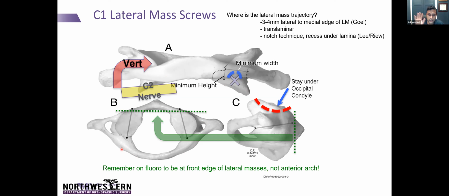I look at the fluoro to line up the craniocaudal angulation, but the medial-lateral is all you. Make sure you're not going too medial into the spinal canal, but you also don't want to go lateral toward the vertebral artery, or superior and lateral. You also don't want to go too lateral because you may get a shorter screw, since the anterior aspect of the arch slopes this way.